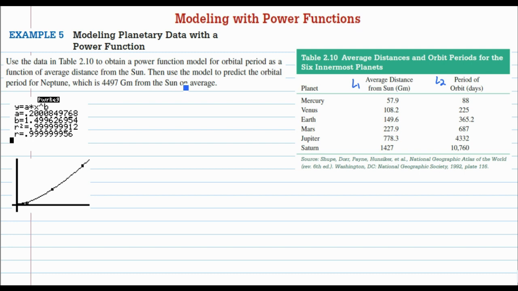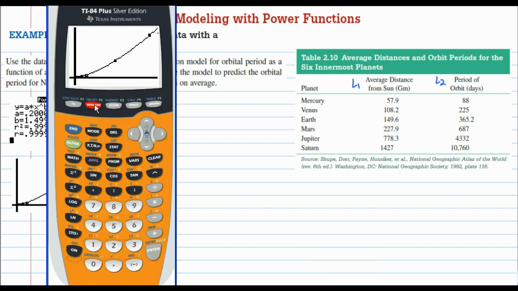Then it says use the model to predict the orbital period for Neptune, which is 4,497 Gm from the sun on average. So I am going to need to make my window a lot bigger in order to see that. So I'm going to go to Window.